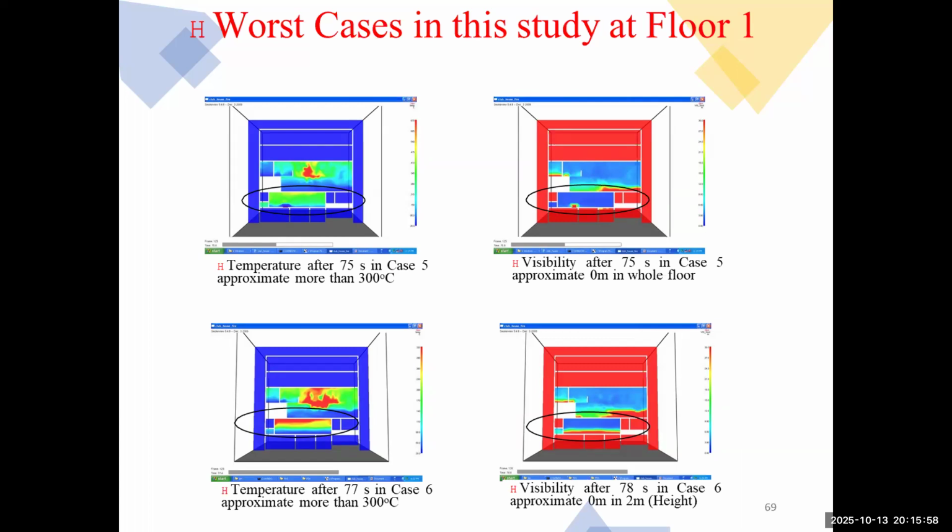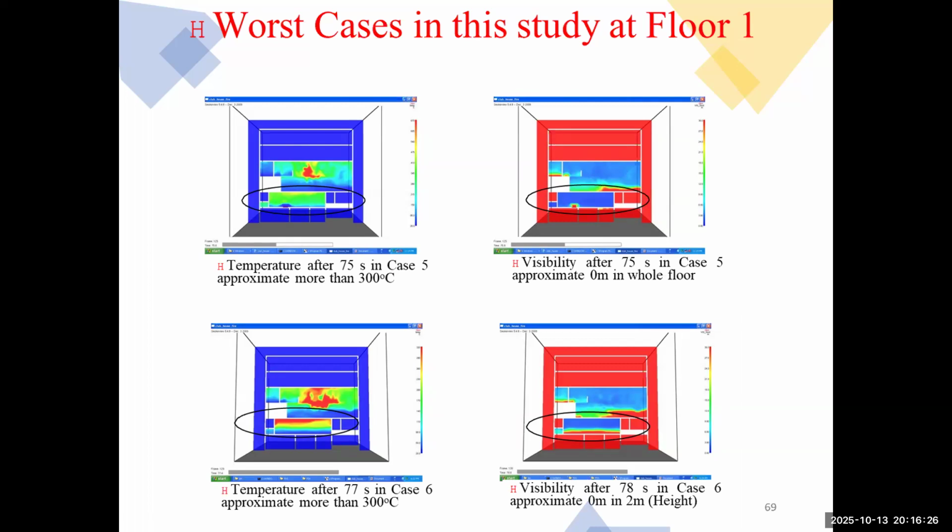But for both case 5 and case 6, the temperature and the visibility have changed significantly in this very short time interval. The temperature exceeds 200 degrees centigrade and the visibility drops to 0 in a large area. So what does it mean?